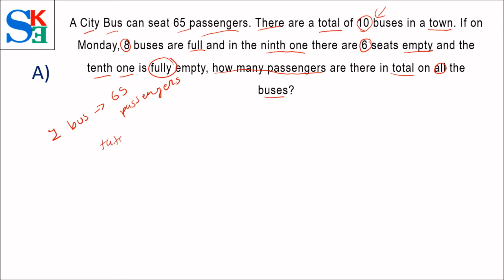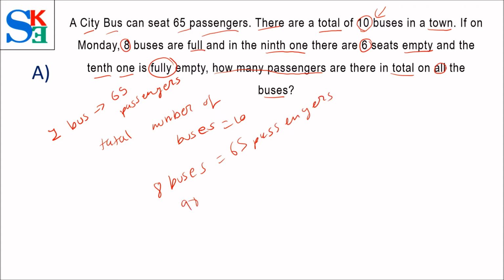So the total number of buses is 10. Alright, so 8 buses are full. That means they have all 65 passengers.